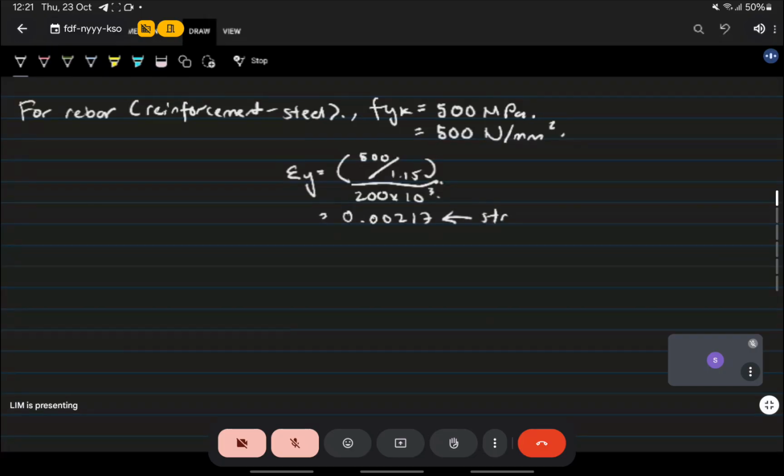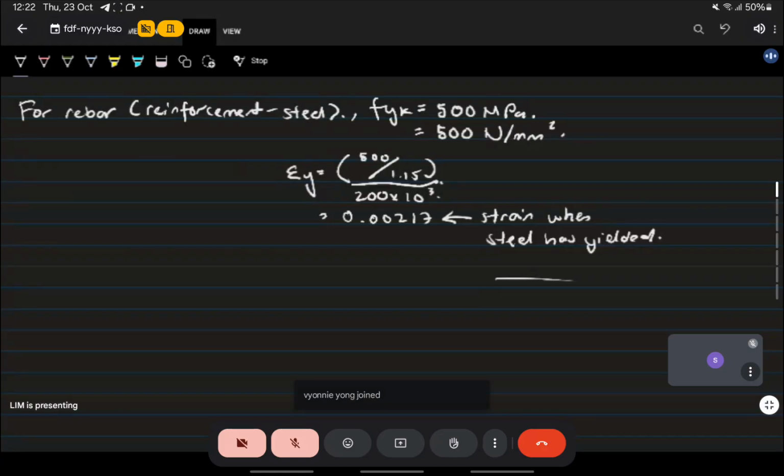This is the strain when steel has yielded. So we have both: the strain when steel has yielded, and also the strain when concrete has yielded that I did earlier. Now we are going to slowly use all these terms to come up with formulas to do our concrete design.